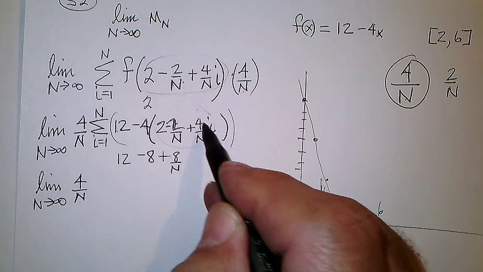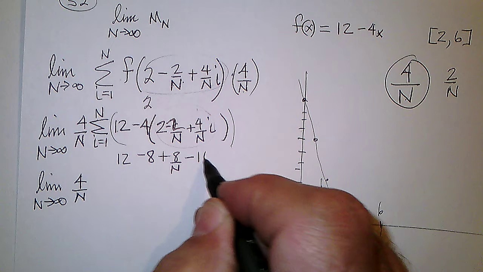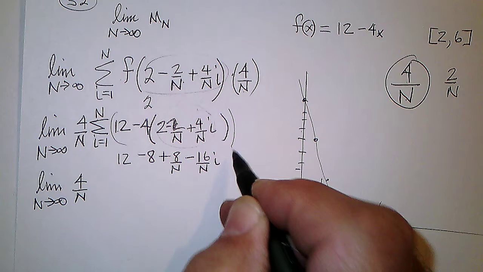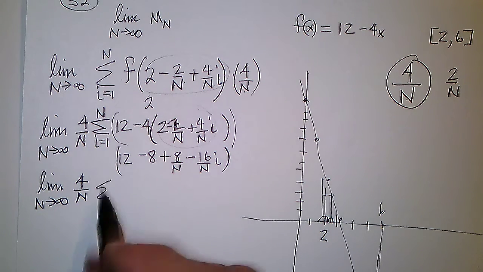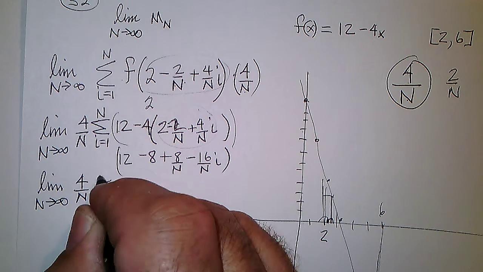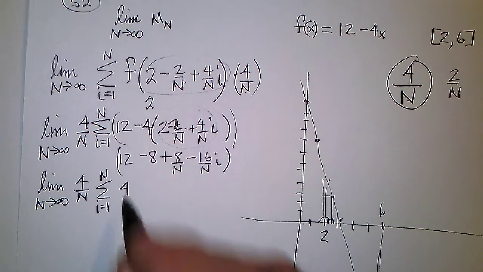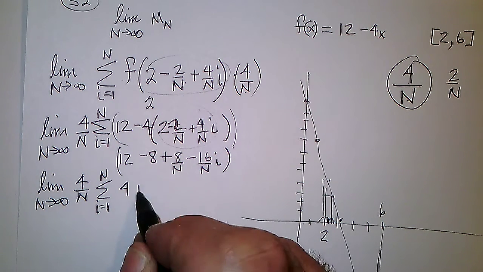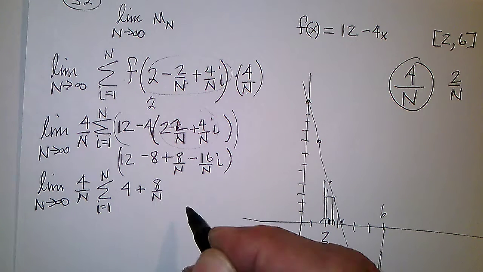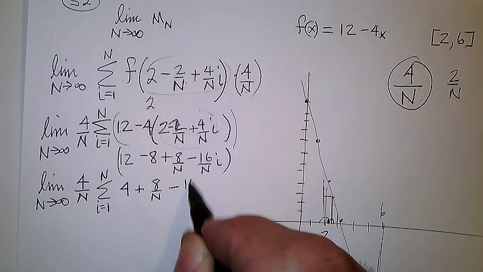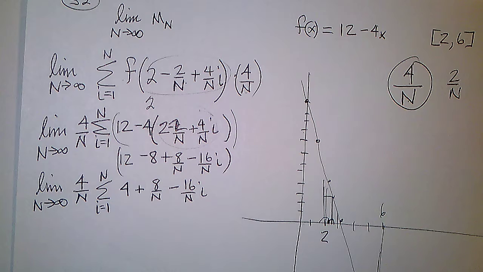Minus 4 times 4 over n is going to be minus 16 over n I, which is going to be 12 minus 8 is 4, plus 8 over n minus 16 over n I. Okay.